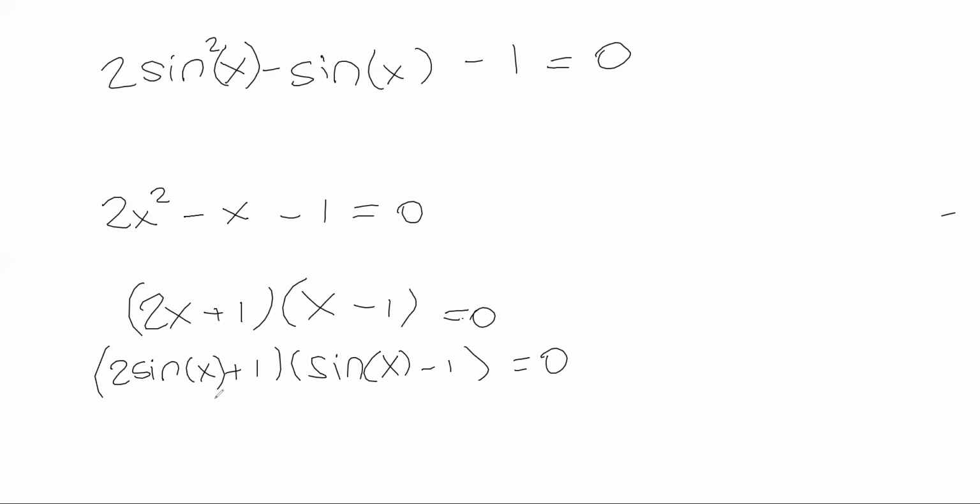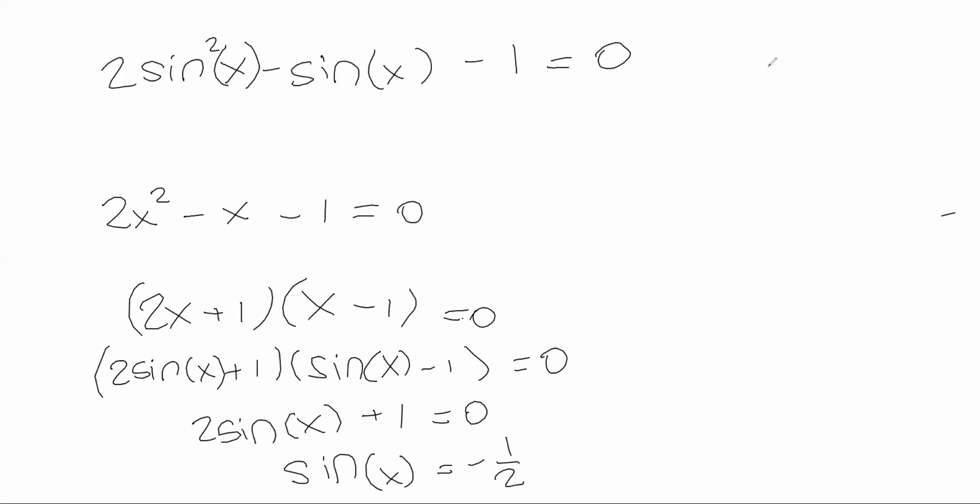So we want to set 2 times sine of x plus 1 equal to 0, and that will give us our first solution. So let's start by subtracting 1 from both sides and then dividing by 2. So then we get sine of x is negative 1/2.